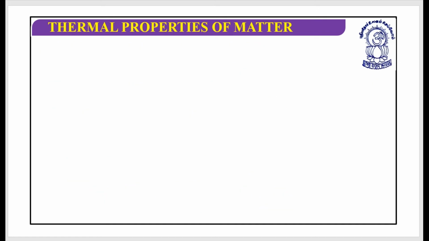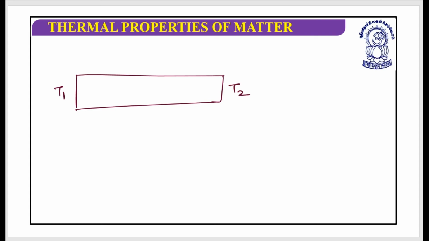So we have said that this was the situation: a metallic rod is there. This end is at T1, this end is at T2. This is the length of the rod, and this is the cross-sectional area of the rod.